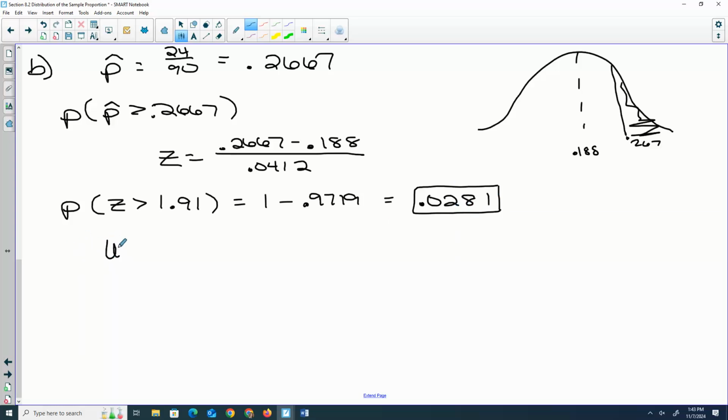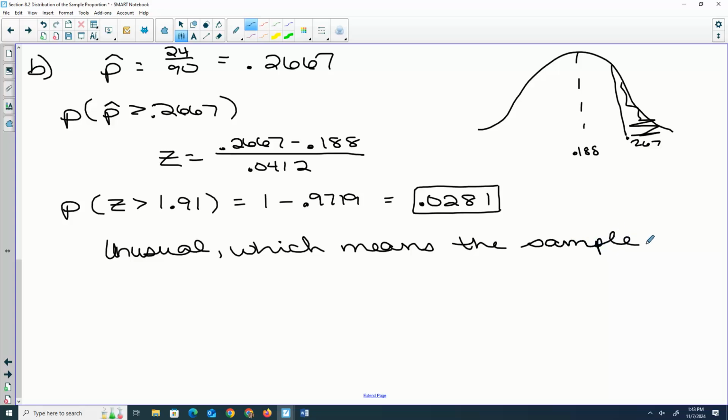So which means the sample is likely different from the population.